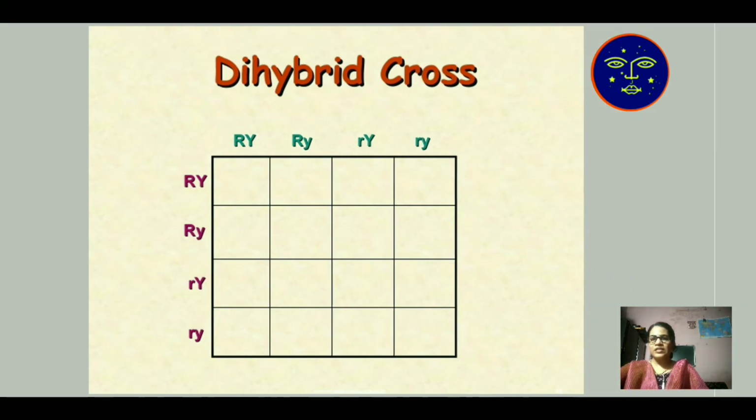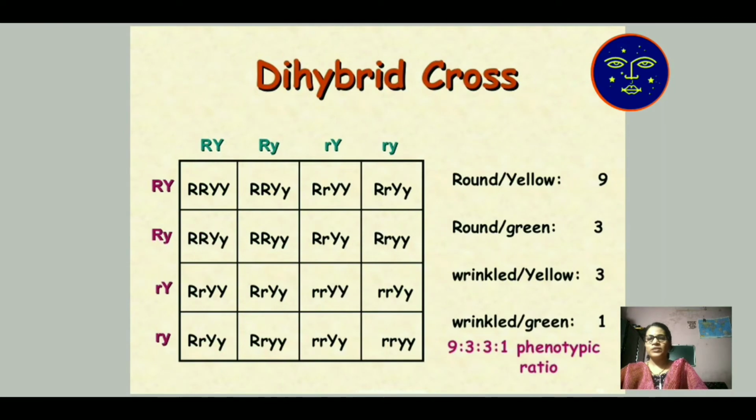When crossed with each other, the result in the dihybrid cross is: round and yellow, meaning capital R, capital Y, comes 9 in number. Round and green, round meaning capital R, green meaning small y, comes 3 in number. Wrinkled and yellow, meaning small r, capital Y, comes 3 in number.